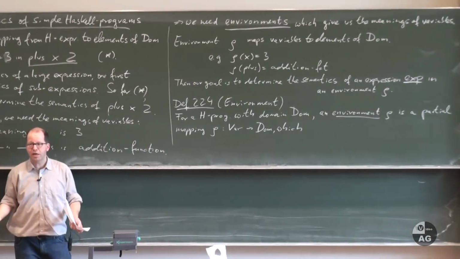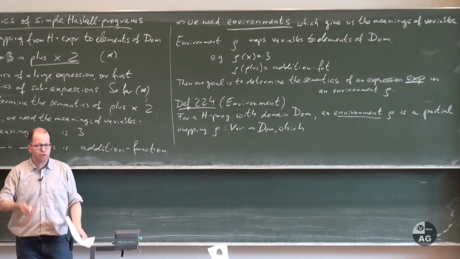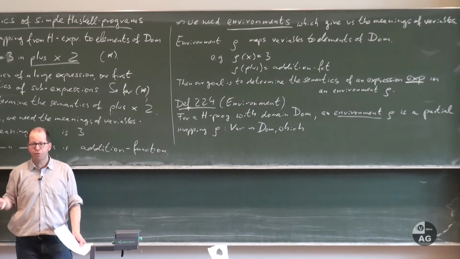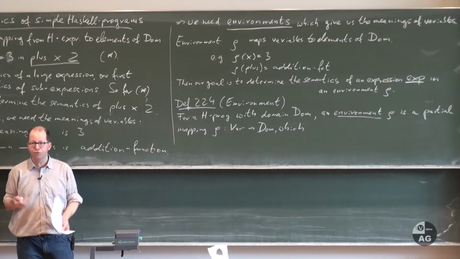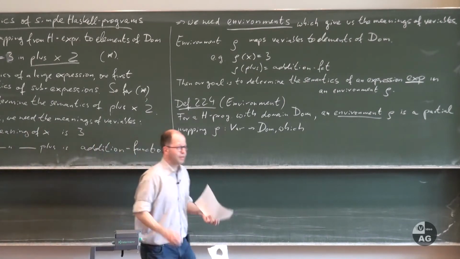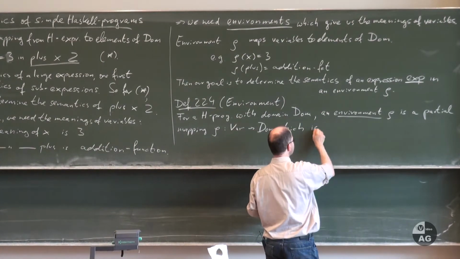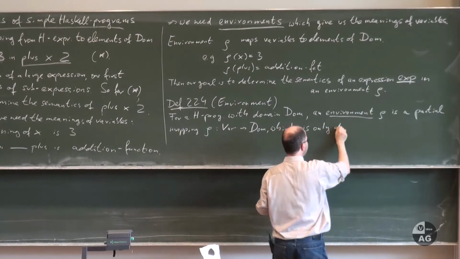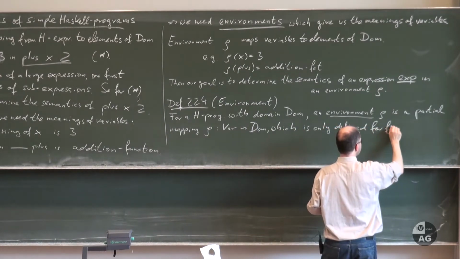These are the variables that are not defined in the program. But for some variables, it is defined, and your program text is finite. And therefore, in every program, you have just finitely many variables whose value is defined, and for all the other infinitely many possible variables, their value is not defined. So it's a mapping which is only defined for finitely many variables.